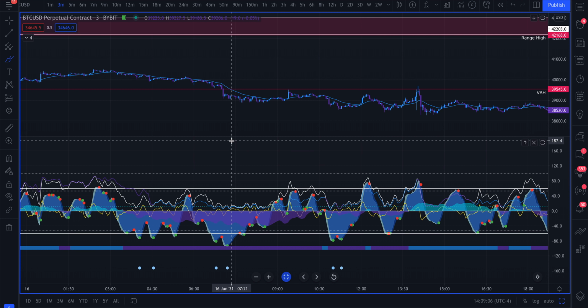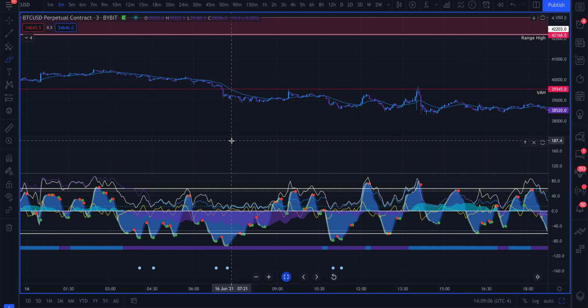That's a 1% stop loss. I don't recommend risking more than 1% of your account. We'll talk about take profit levels later, but this is how we get our entry on the way down.